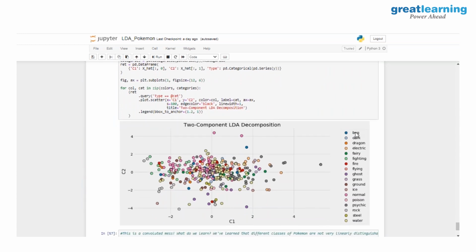So you see all my different components that I was referring to. How are they distributed across the two components? You can say C1 and C2. These are my two different types that I'm trying to highlight and compare in the LDA decomposition.